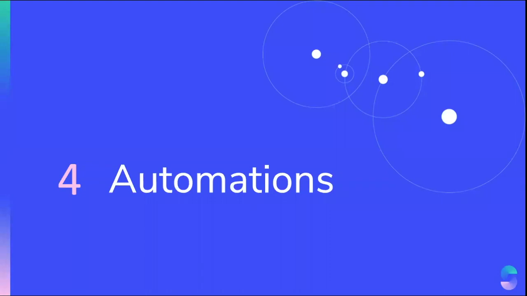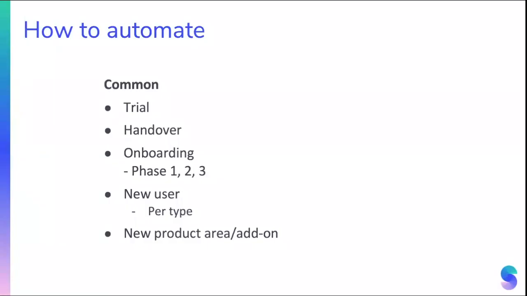So I will cover some parts on automations. We will touch on it, and we will actually follow up with a more detailed webinar specifically targeting how to automate, how to cater for low touch initiatives in a better way. But still, some general thoughts on how to automate.